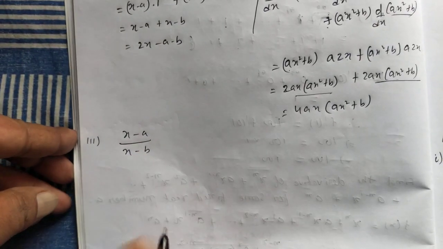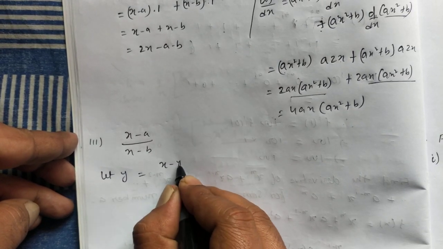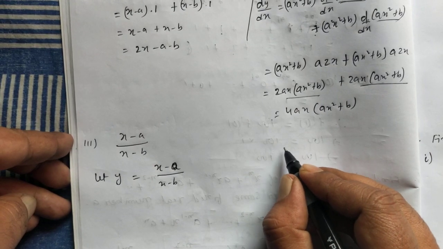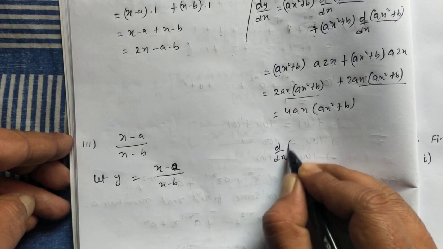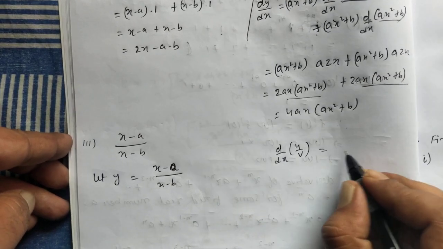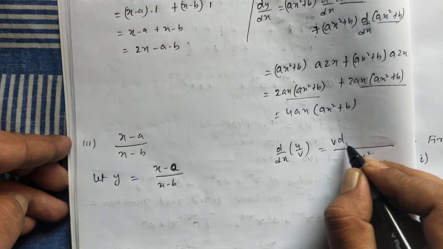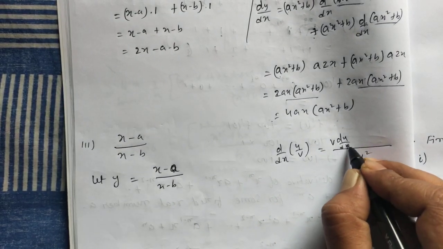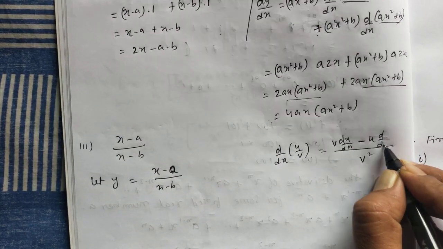For this we have to use division rule, quotient rule. I'm showing the question, writing the quotient rule here. If we're deriving u by v, we square the denominator, we derive the numerator first, minus we derive the denominator.